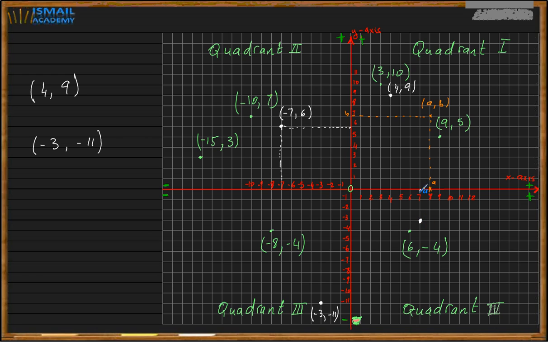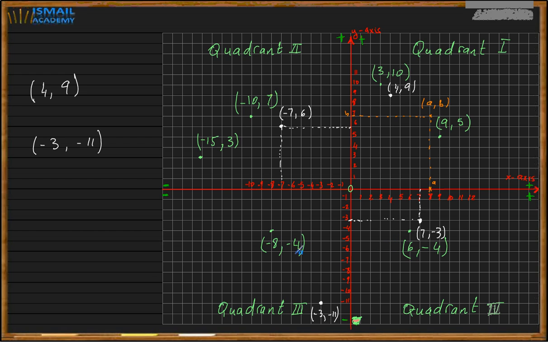For the x coordinate, I do the projection of the point on the x-axis. This is 7, so I put 7. For the y coordinate, I do a horizontal projection on the y-axis, which is minus 3, and the coordinate of that point is 7, minus 3. And this is how we can find the coordinates of a point in a Cartesian coordinate plane.